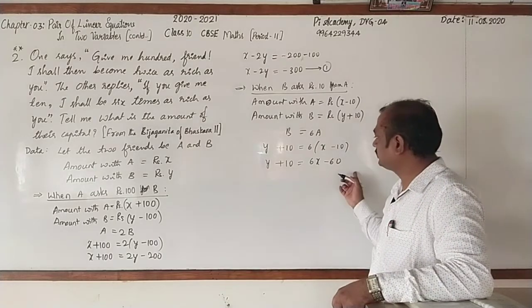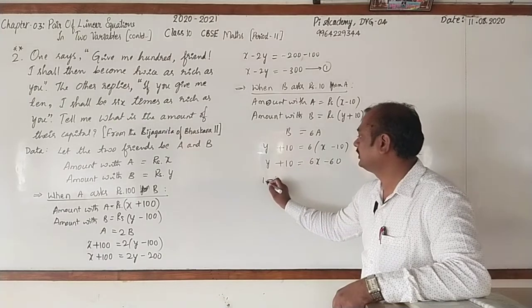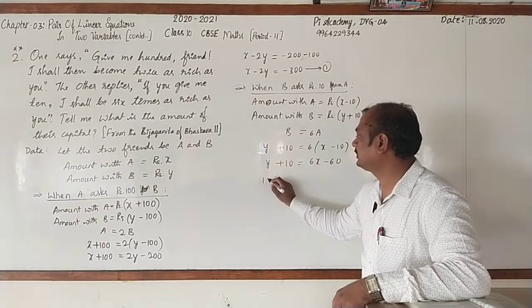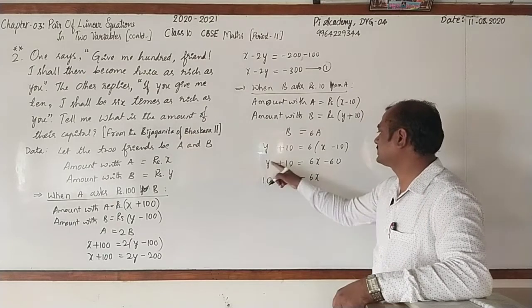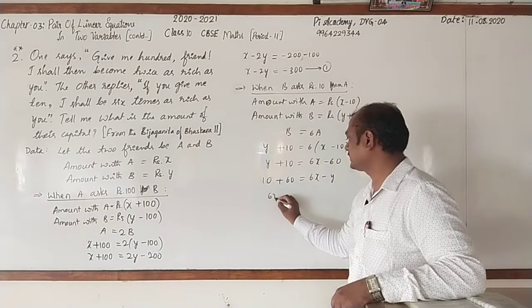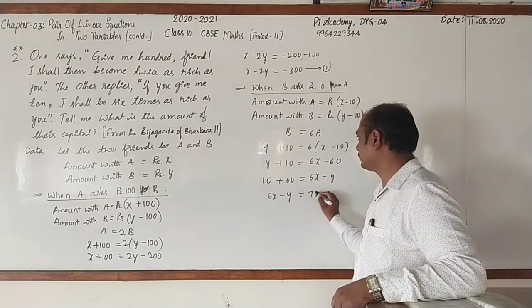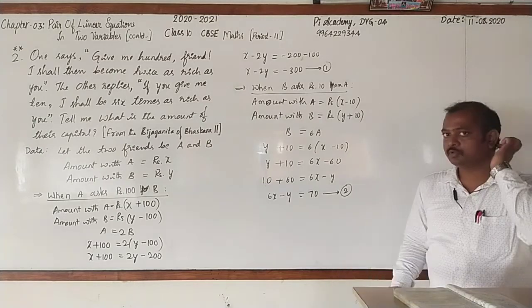Then transfer Y to the right hand side, and minus 60 to the left hand side. It is 10 plus 60 is equal to 6X minus Y. It is 6X minus Y is equal to 70. You may call it equation 2.